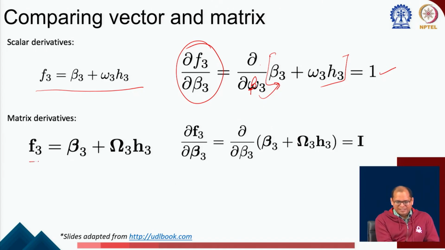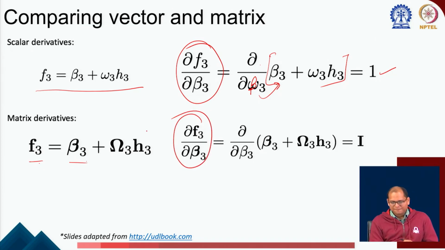Now, in terms of matrices, the quantities f3, beta 3, omega 3, h3 are vectors or matrices. If I compute dou f3 over dou beta 3, it will be dou over dou beta 3 of beta 3 plus omega 3 h3. Beta is a vector, and this you get as an identity matrix. Why is that happening?